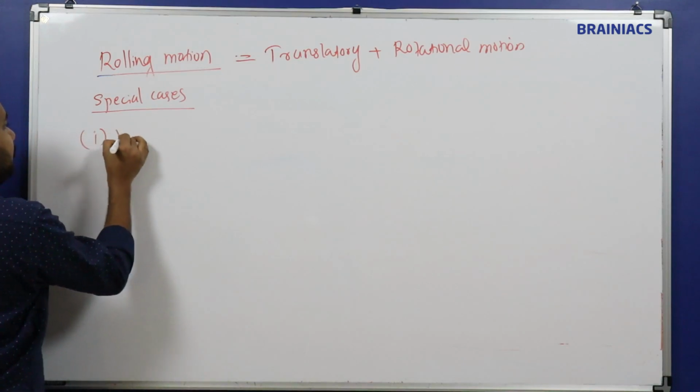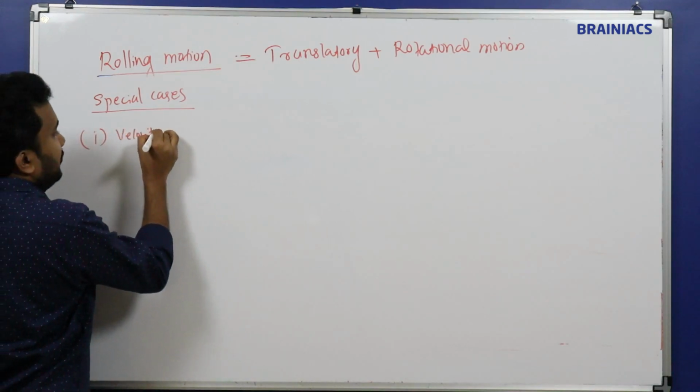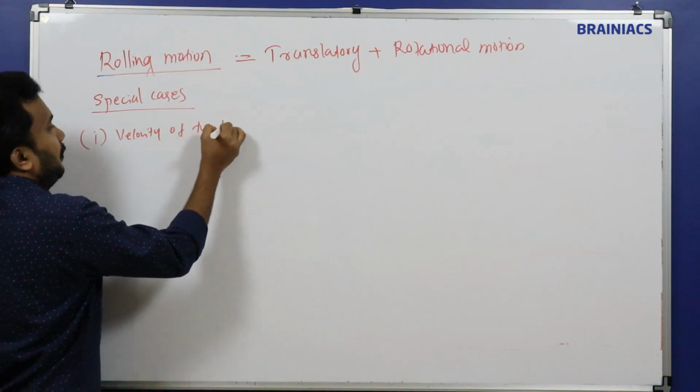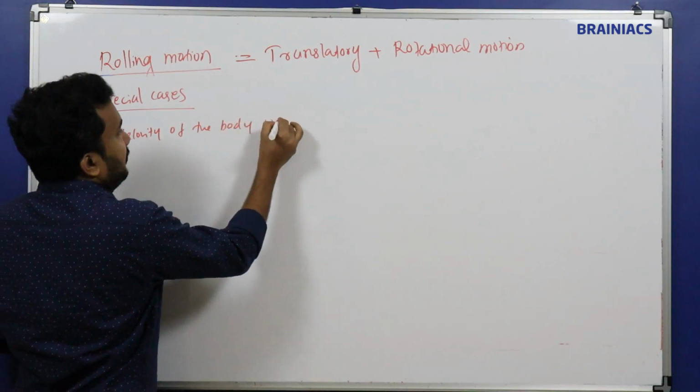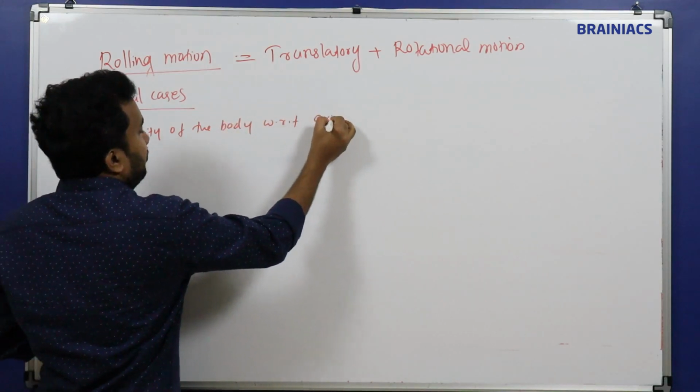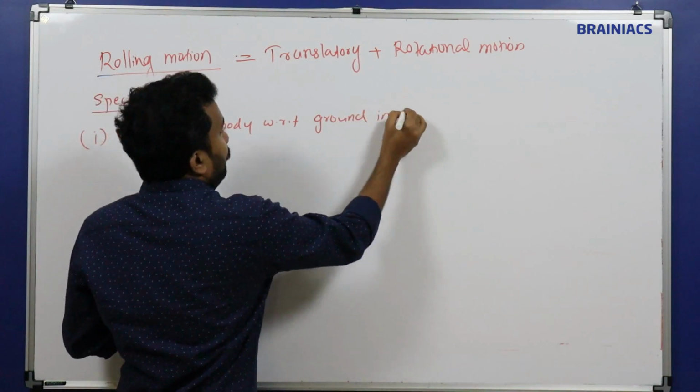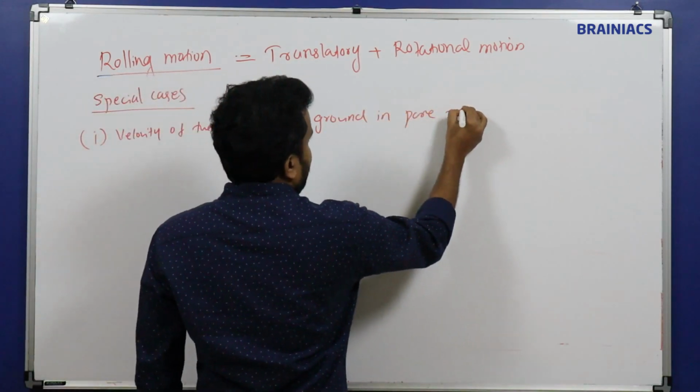Number 1: velocity of the body with respect to ground in pure rolling motion.